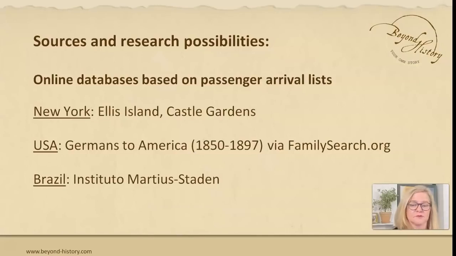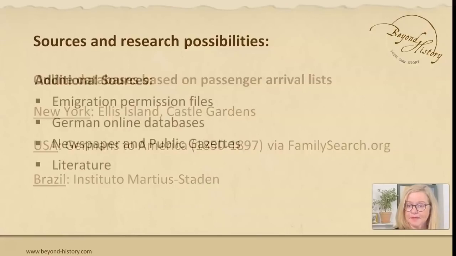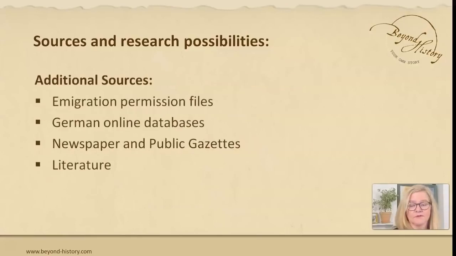If you're looking for someone who went to Brazil, then the Instituto Martius-Staden is interesting and might be worth contacting. We have additional sources other than the actual original passenger lists: the immigration permission files, respectively discharge certificates, that are mentioned in the first part of this talk.